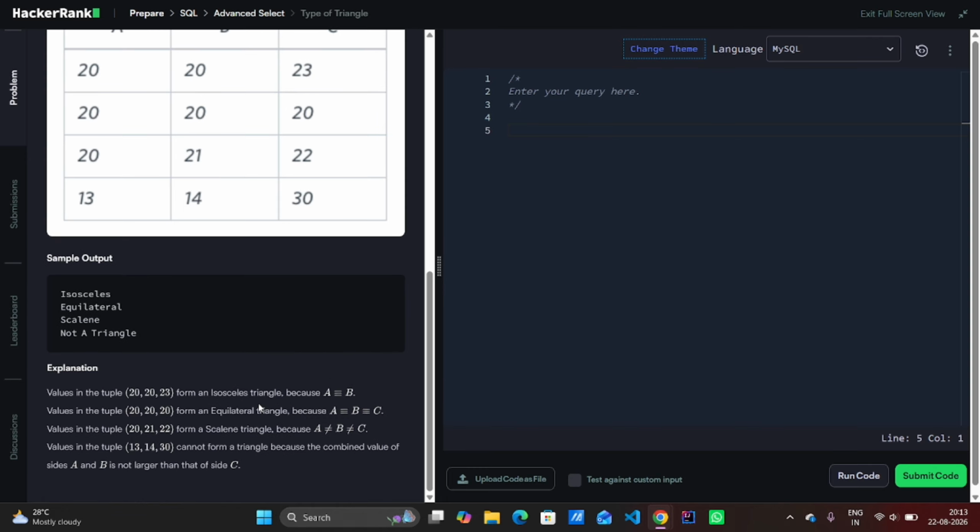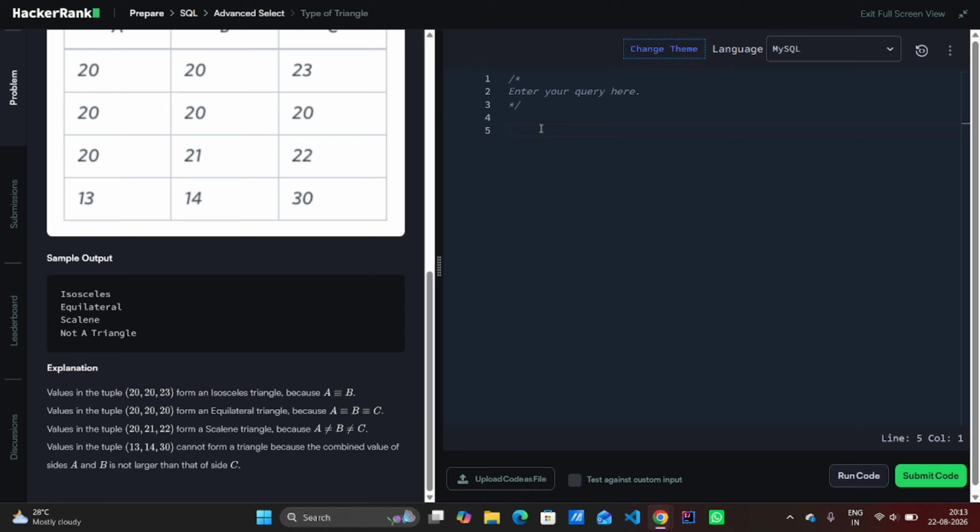Now the main question is how we can solve it. Tell me in the comment section, what should be the approach? Okay, now I will tell the approach I know.